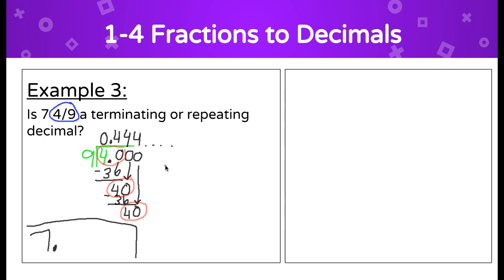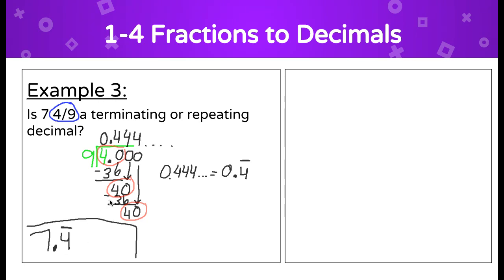And again, if it's 0.444 and it's repeating, you can write it as just 0.4 with the line on top. Now, my number did have a 7 as a whole number, so I'm going to write this down here, 7.4, but my 4 is repeating. So to answer this question, is this terminating or repeating?